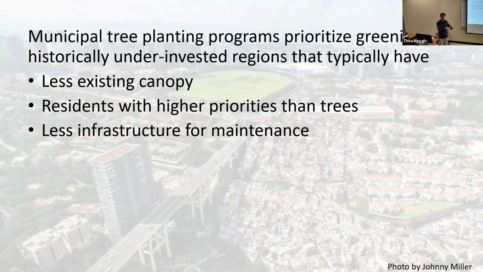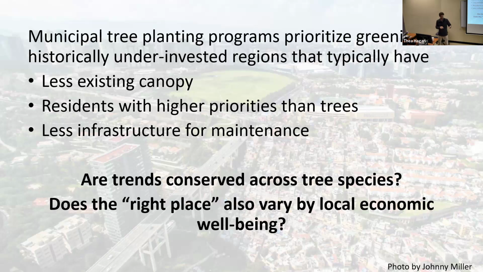So they're already going to be more stressful situations to plop a tree into, which means they likely need more TLC after planting. But the people who live in those places typically have other priorities than caring for the tree in their front yard, right? So how can we consider these things, and does the right place for a plant also vary by local economic factors and economic well-being?